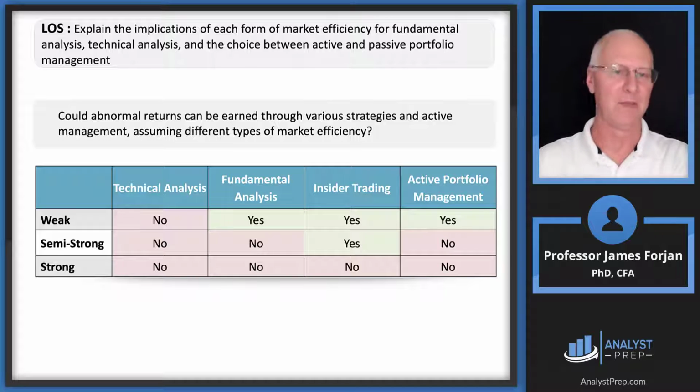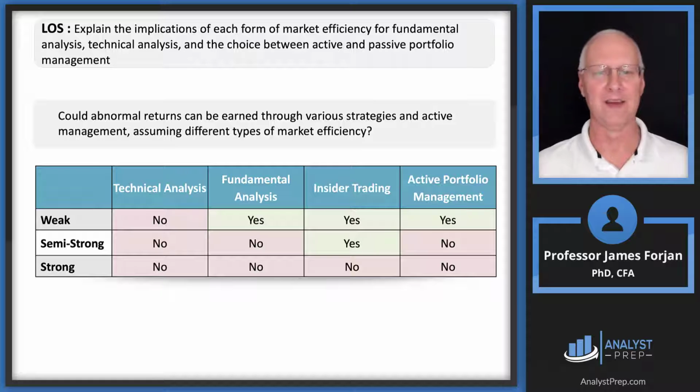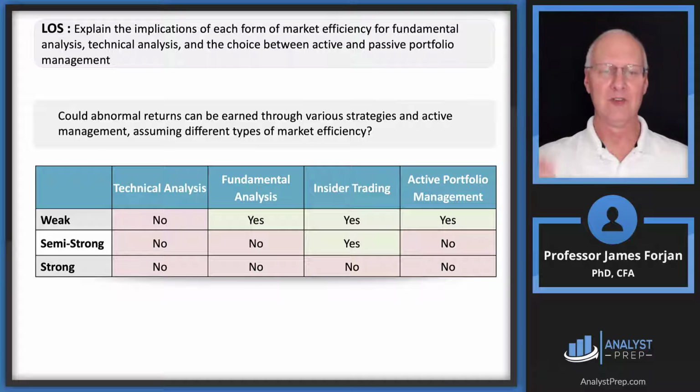Will they be able to dominate the game? And the answer is yes, because the 10-year-olds are at a disadvantage, size and strength and maturity and all that kind of stuff. So fundamental analysis is a dominating piece of work, because if stock prices only reflect that small information set of historical prices and volume, then you're going to be able to earn abnormal returns.